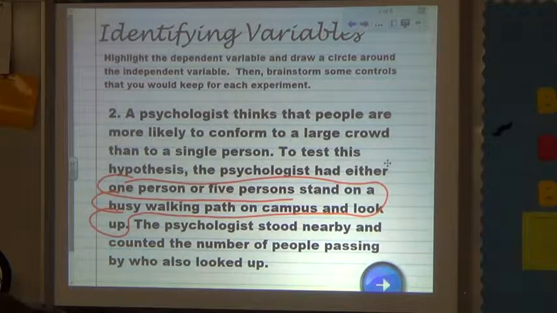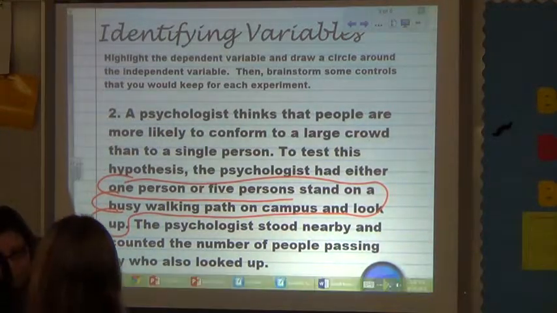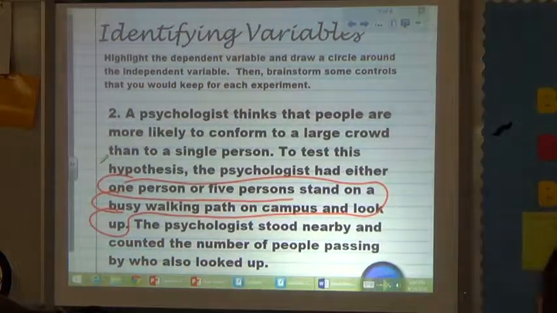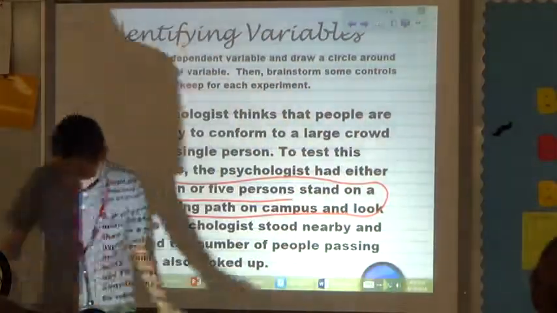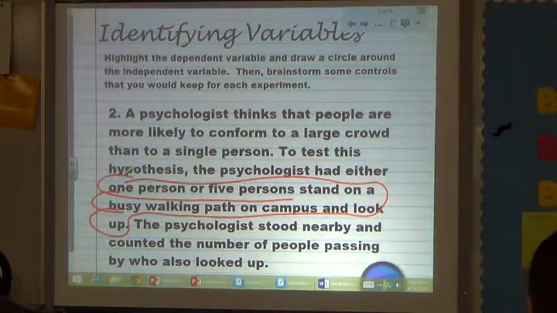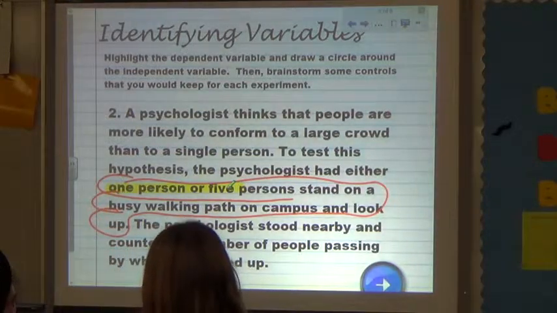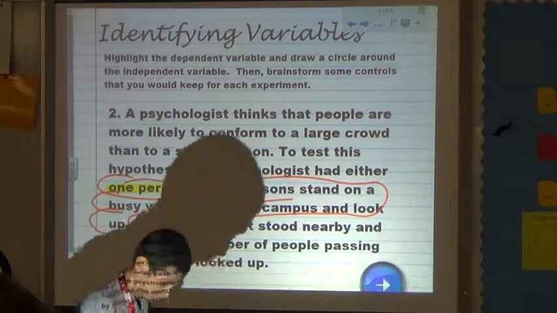What was the measurable outcome or the dependent variable, Santos? What did they count? Come up and tell me. Come up and show me. Use my mouse. Come on up. I already circled the independent variable. You are highlighting the dependent variable. Landry, do you think he's correct?